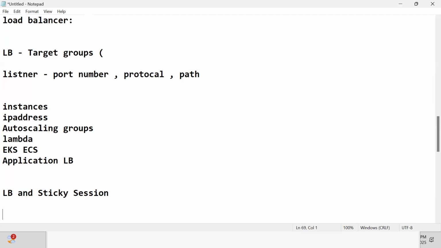If I enable the sticky session, based on the client cookie, the load balancer is going to redirect the traffic to the same server.